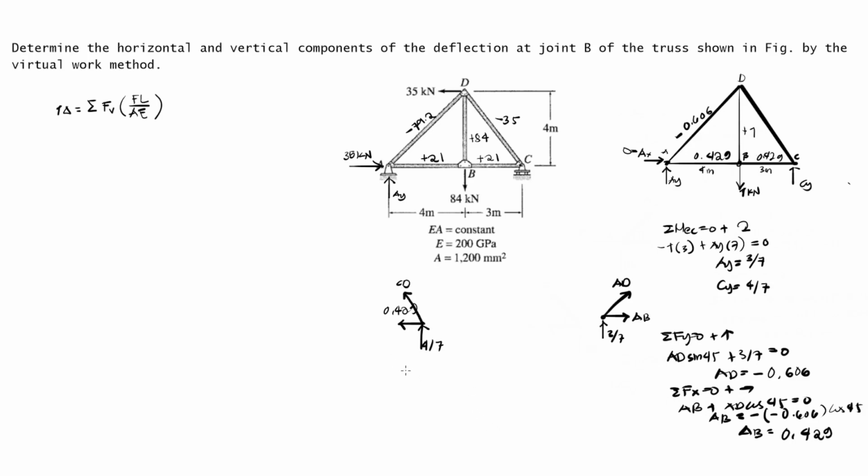Okay? Assume tension. Okay, summation forces along y is equal to 0. Positive upward. So, we have CD 4 all over 5. Okay? Positive yan. Positive 4 all over 7 is equal to 0. So, CD is equal to, so magiging negative siya. No? So, that is negative 4 all over 7 divided by 4 all over 5.